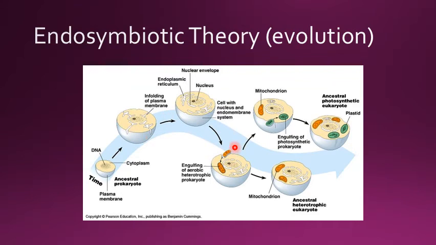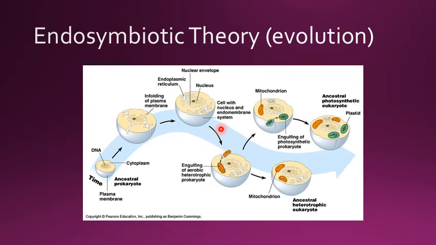So bacteria cells that had a relationship with these bigger cells. And it's thought they had such a close relationship that through invagination, where the membrane pinched it off and made it a vesicle, these organelles became part of the cell.